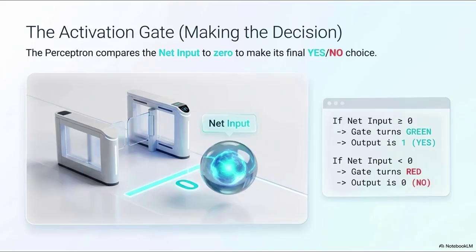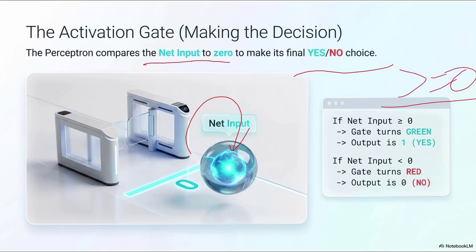After that comes the activation function, the activation gate that makes the decision. The perceptron compares the net input to 0 to make its final choice as yes or no. If the net input is greater than or equal to 0, then the output will be 1, that is yes.